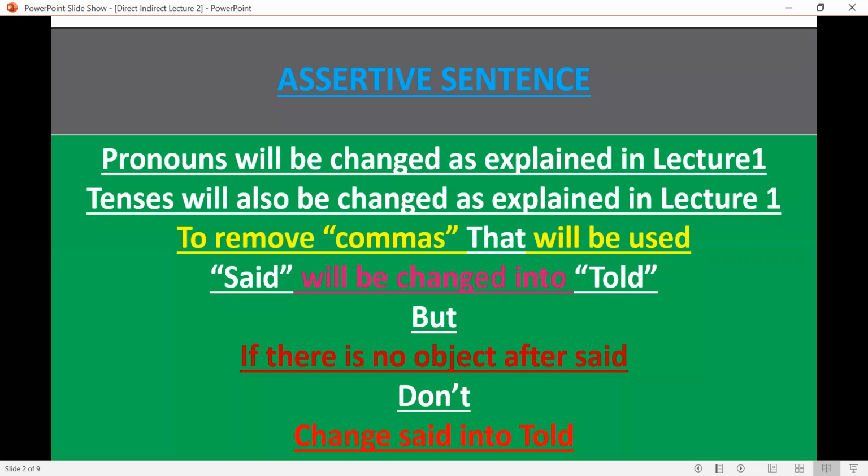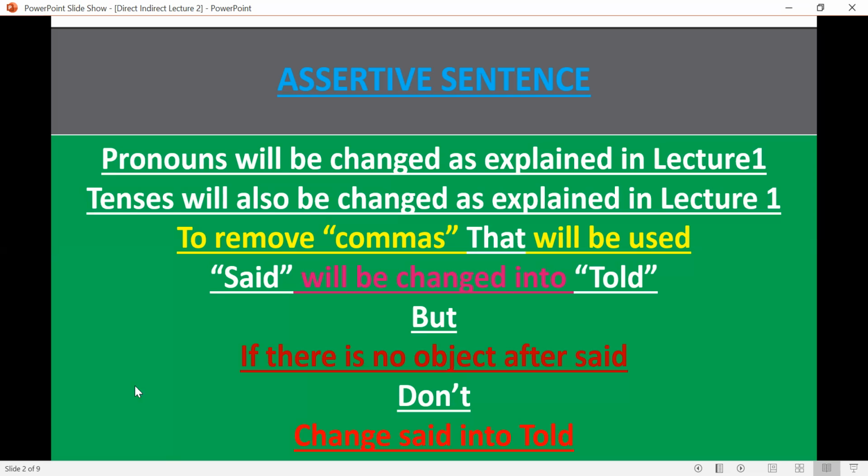First of the kinds of sentences are assertive sentences. It means simple sentences. The changes of pronouns and tenses will remain the same as I had explained in my lecture 1.